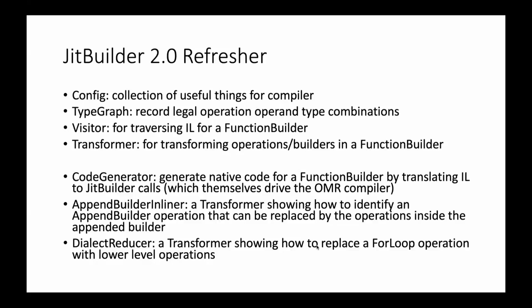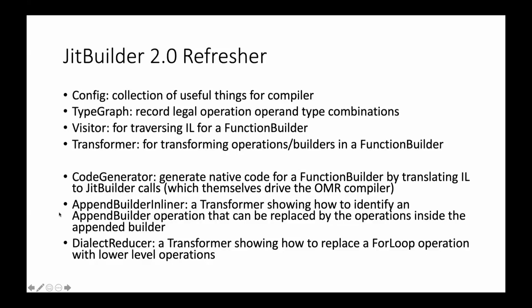And obviously JitBuilder itself drives the OMR compiler and creates the native code for a function. That's a temporary state of affairs right now. It was the easiest way to bootstrap JitBuilder 2, but going forward, I think the right way would be for code generator to directly generate the IL for the OMR compiler, or in principle, it could generate the IL for any compiler.